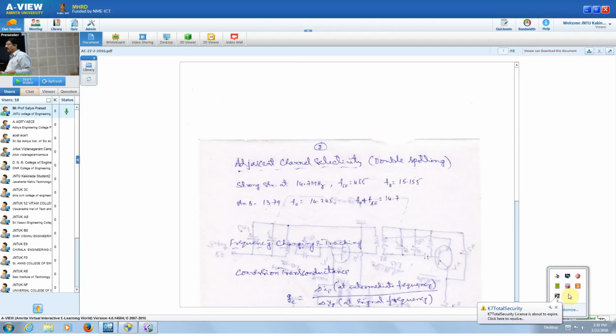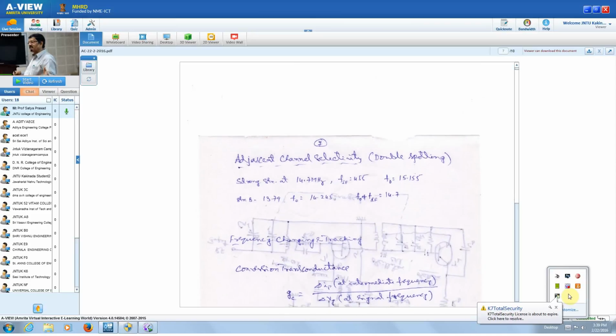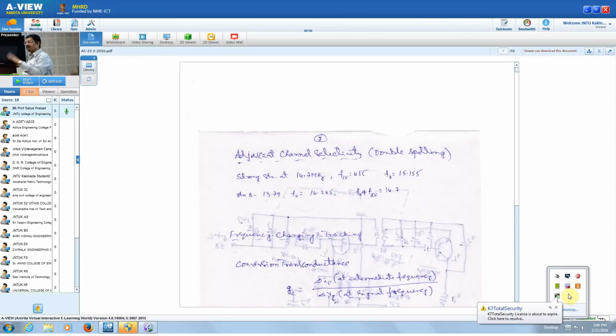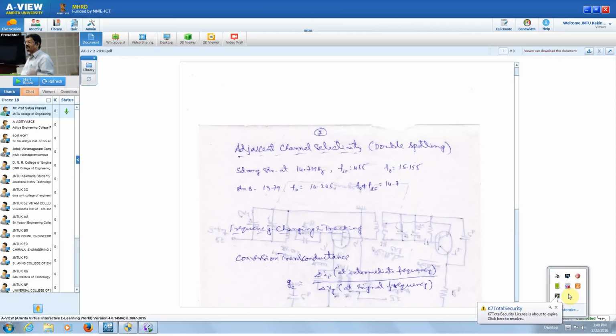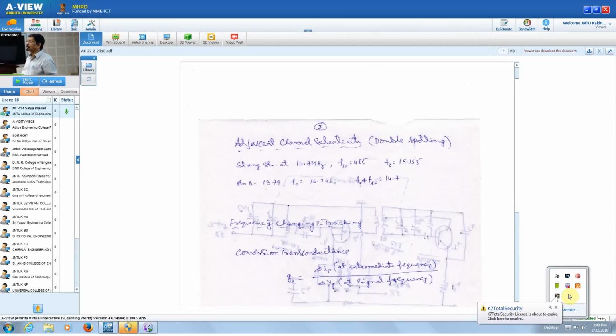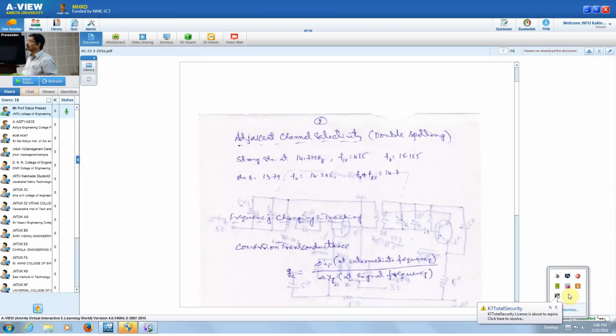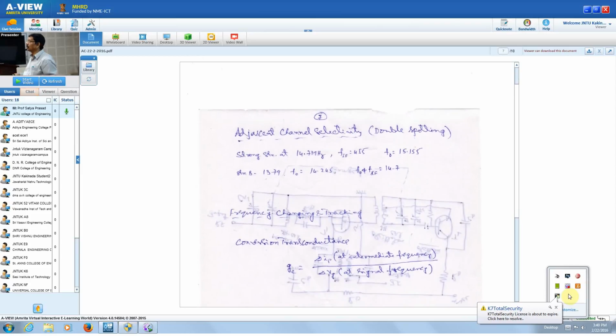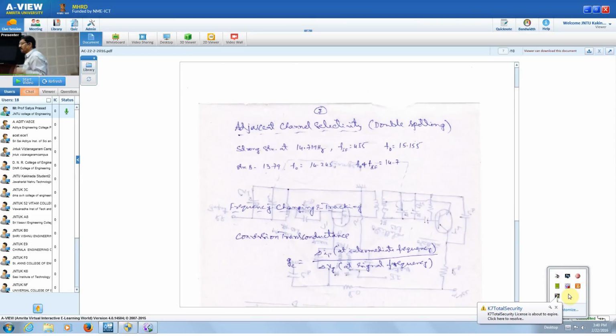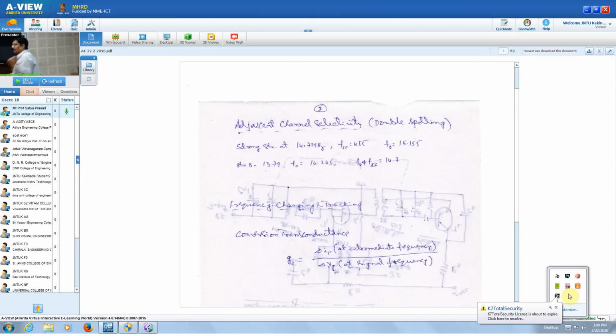Suppose you have... By using this double spotting, we can identify.